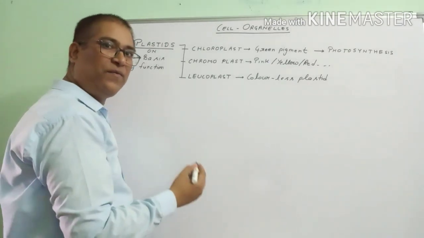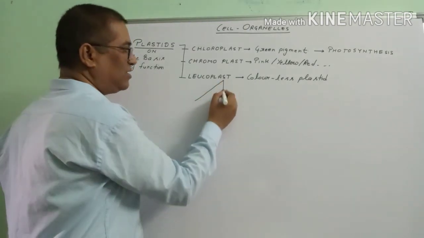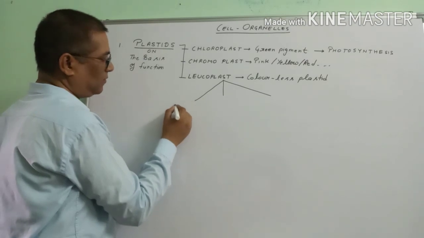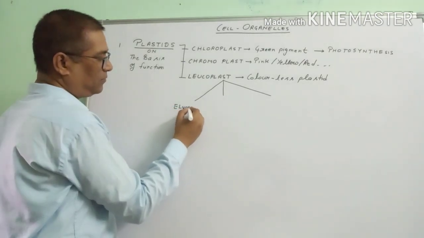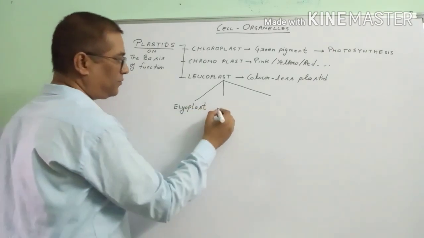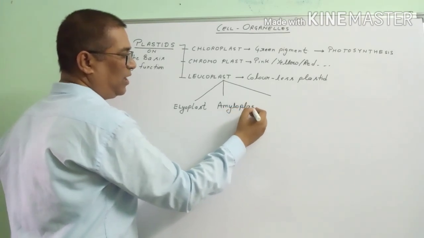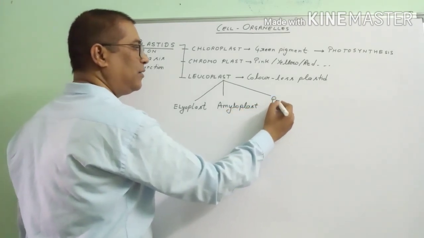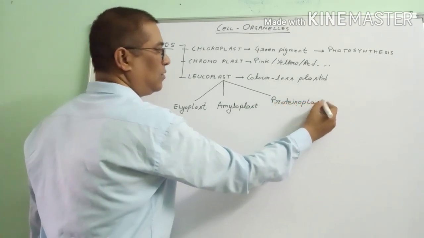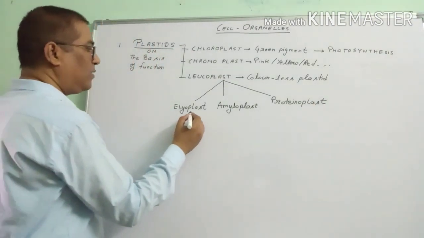But on the basis of functions, these leucoplasts are again categorized as elaioplast, amyloplast, and proteinoplast.